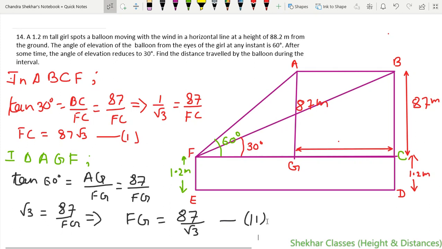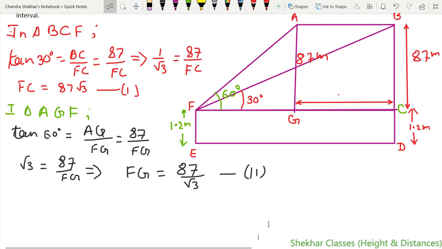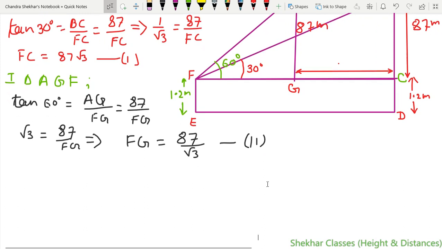Now further, we have to calculate GC. To calculate GC, we know that FC is equal to FG plus GC.